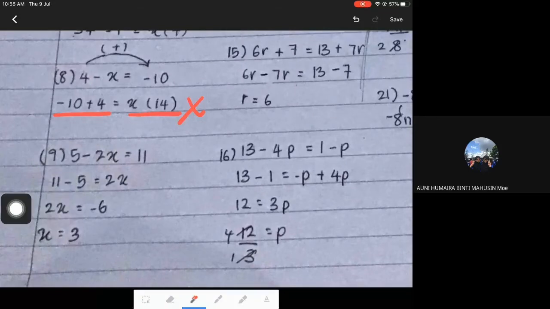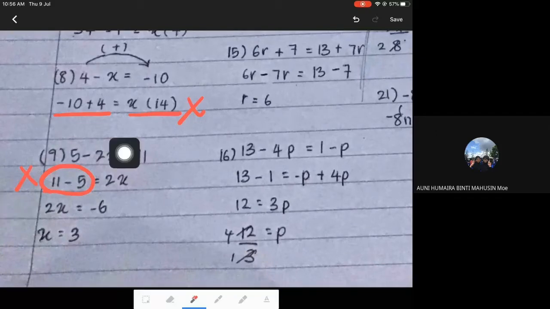Ni dah salah kat sini. Because you must remember, term yang pindah itu yang akan bertukar tanda. Negative or positive, divide or multiply. Okay, yang ni betul.